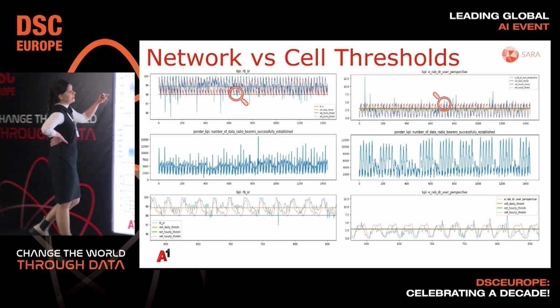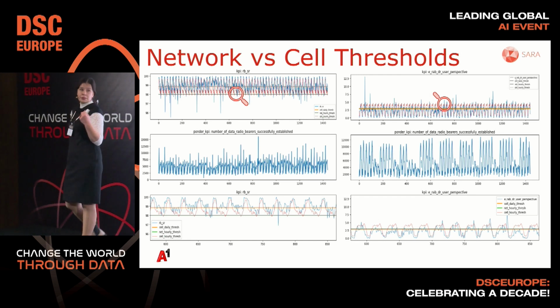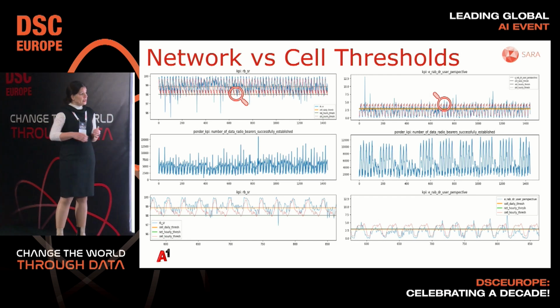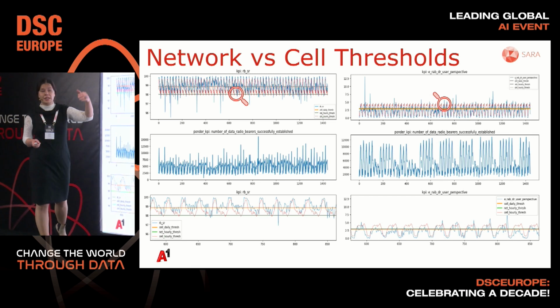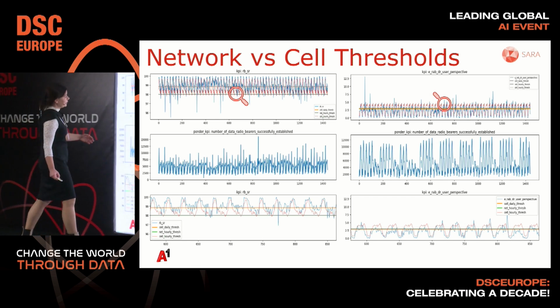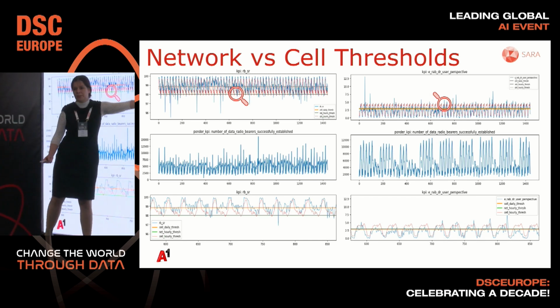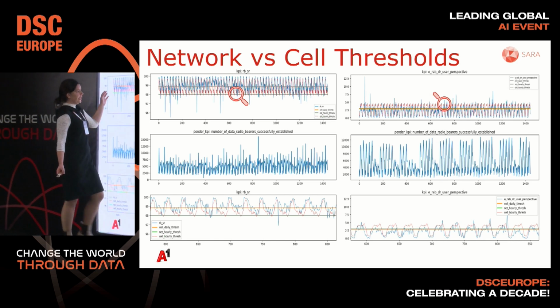But we didn't want to stop there and tried to get something a little bit better. And here are cell thresholds. We want to see how our cells behave when we take into account their historical behavior. And here we set the threshold. Here again, we have success rate, drop rate KPIs, 60 days time range.